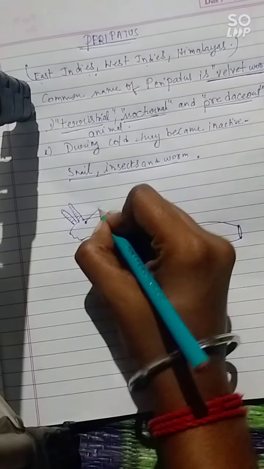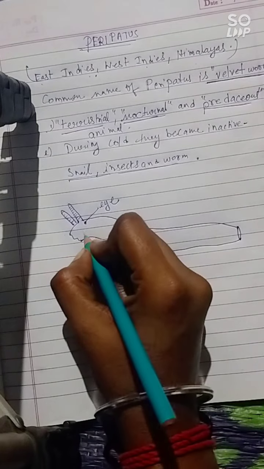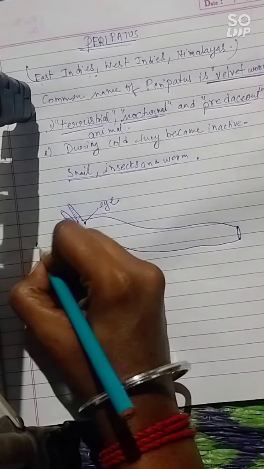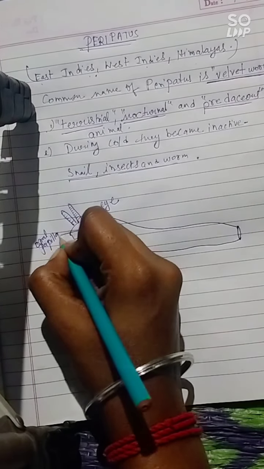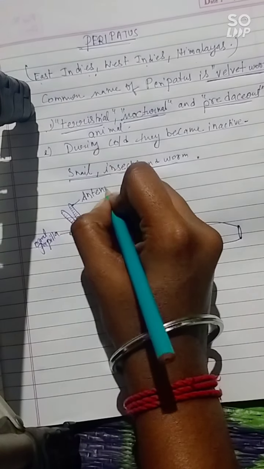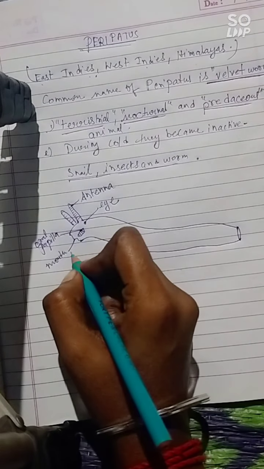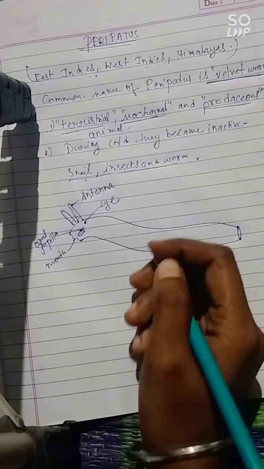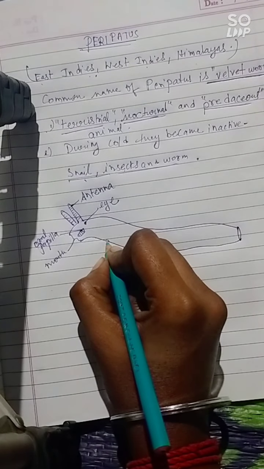I draw it roughly, but you have to draw it very nicely on your exam paper. This is the oral papilla, this is the antenna, this is the mouth from which they eat snails, insects and worms, and these are some claws.